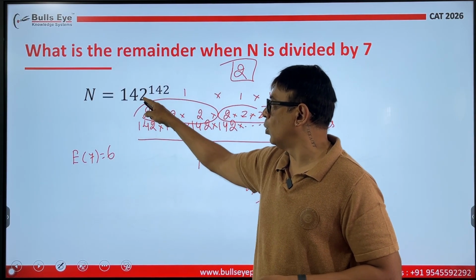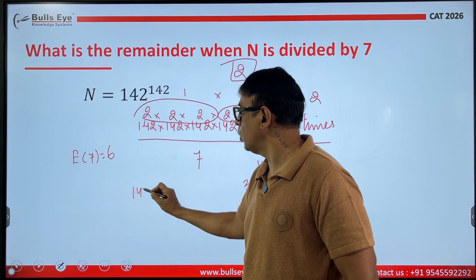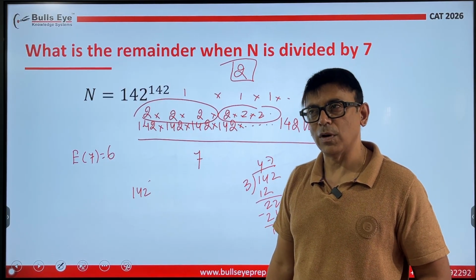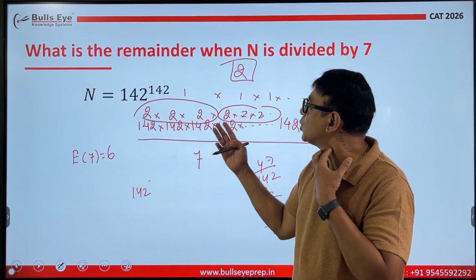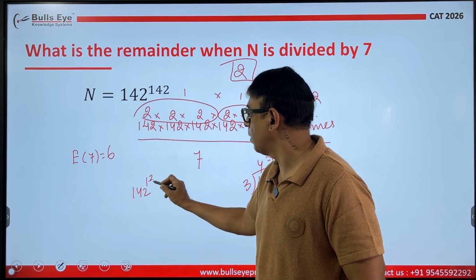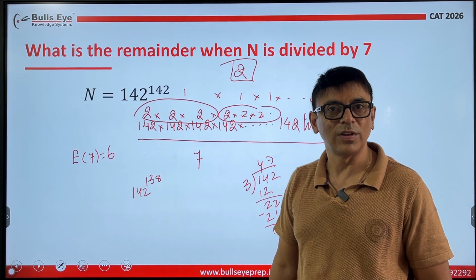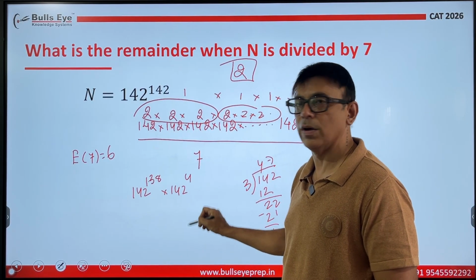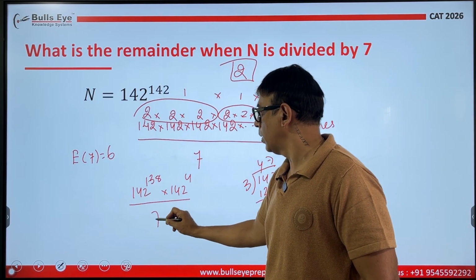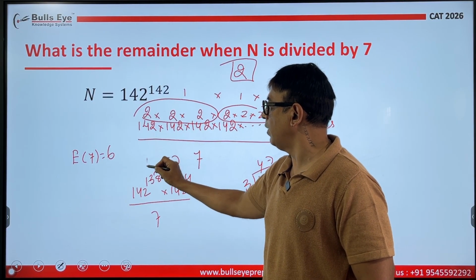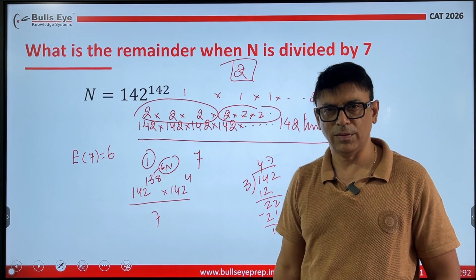And then you write 142 raised to a multiple of 6. 142 is not a multiple of 6. So take a number before that: 6 2s are 12, 22, 4 is the remainder. So 138 is a multiple of 6. But the power is 142, so I'll write the remaining 4 here. Now this, being a multiple of 6, leaves a remainder 1 by all means.